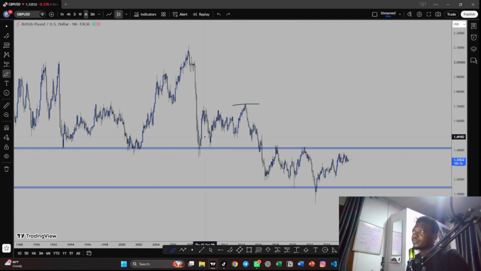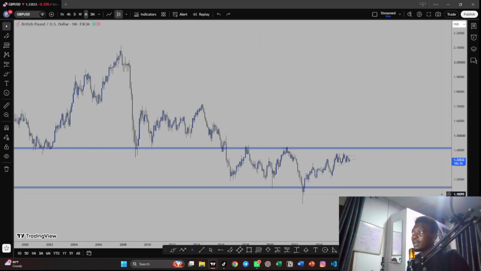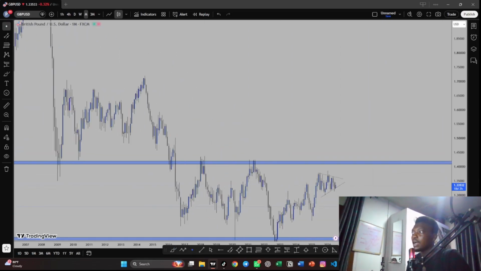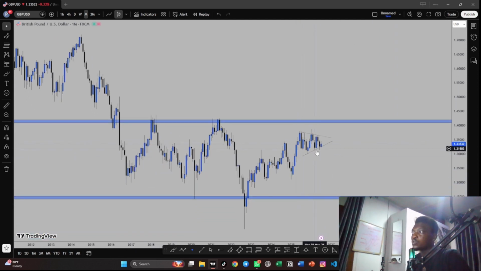But ever since price got to this point, it has just been some kind of range or choppiness that the market has been creating, and it is from here I was able to spot these chart patterns. This is where I currently have a concern, because this chart pattern is a bilateral pattern.